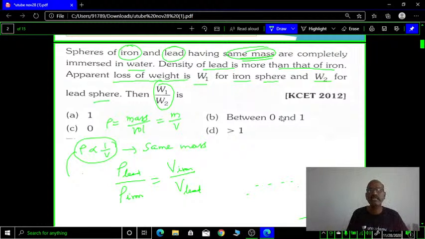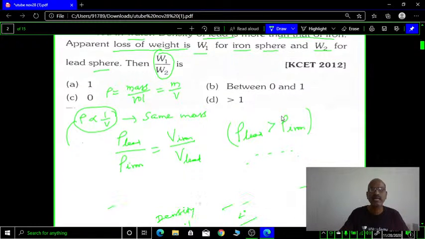So what is the condition given? Density of lead is greater than density of iron, this is the condition given in the problem itself.